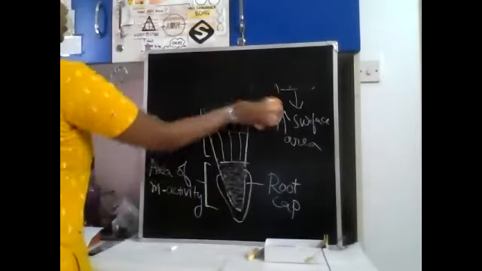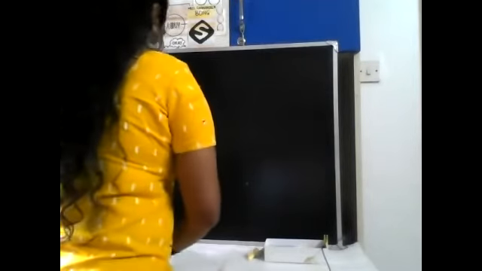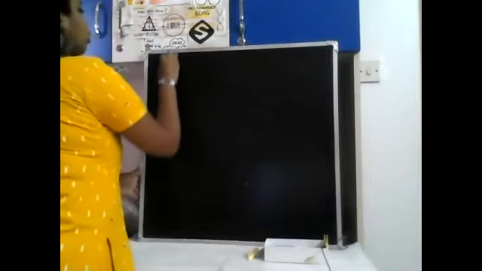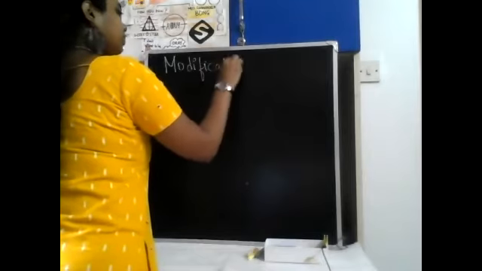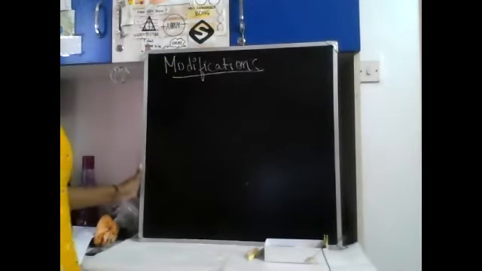So we finished the structure of root tip. We finished types of roots. Now we look at some functions of roots. So along with functions, we'll be learning how certain plants are modified according to the function that they are required of. Okay, so we will look at modifications of the root system.